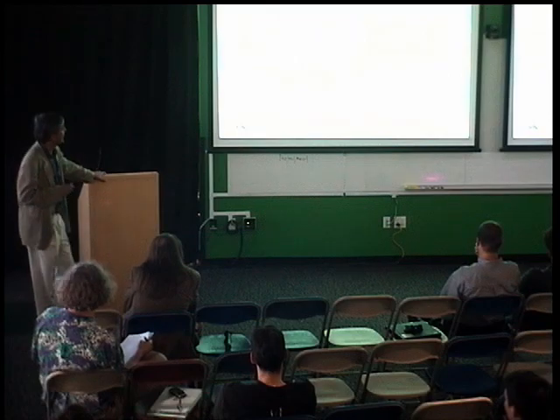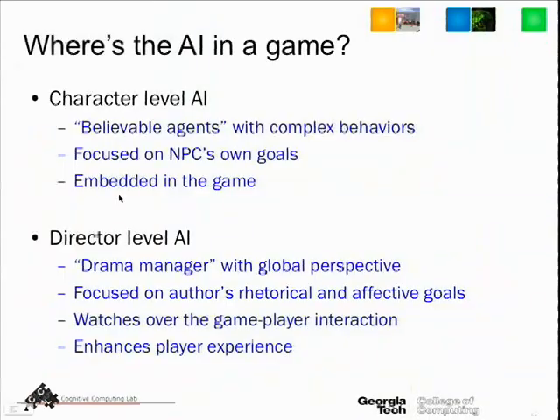There's another kind of AI which is at the director level. In interactive narrative this is often called the drama manager. So think of it as the game designer or the author of the game has certain affective and narrative goals in mind. They want to engage you in a particular way. The job of the drama manager or the director level AI is to watch over your interaction with the game and try to manage the interaction to achieve the author's rhetorical goals.